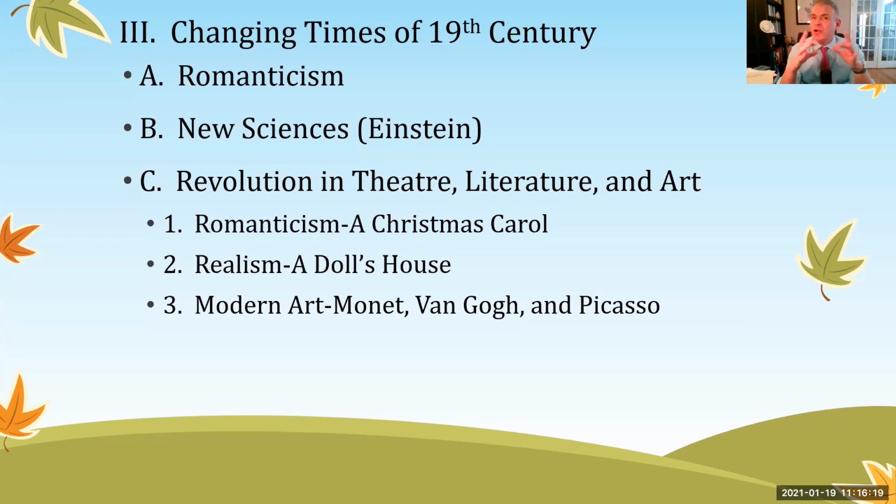If you guys remember, Rousseau talked about separate spheres, that a woman's place was in the home and she was there to take care of children and tend to the husband's needs because that was her natural place. In A Doll's House, the author gets to how unhappy the woman is living in the separate spheres model. And at the end of the play, she ends up walking out on her husband, which in the 1860s, 1870s would have blown everybody's mind.